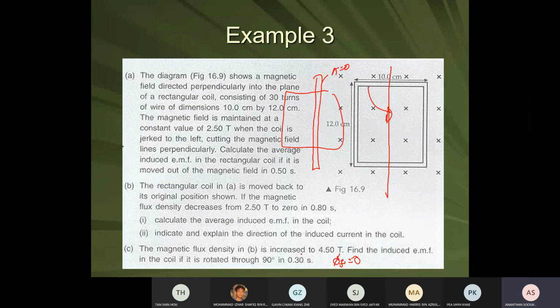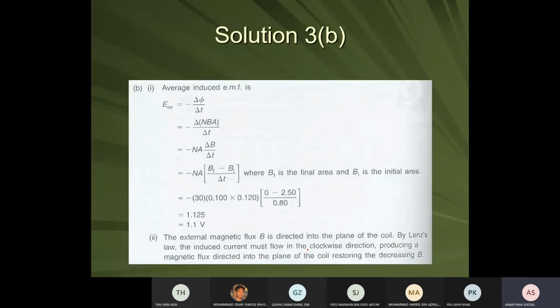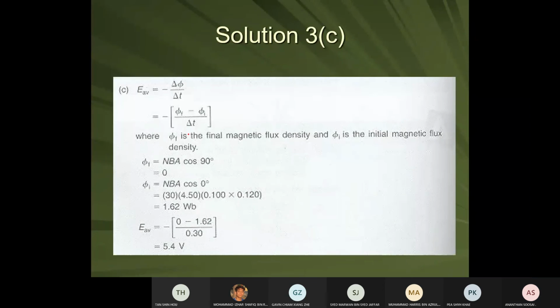Okay, so 0.3 seconds. As usual, final flux minus initial flux. Final flux is 0. Initial flux is BA cos 0 degrees, or you just don't need to put cos 0, BA only, because it's perpendicular. That gives 1.62. So the change in flux over the time gives your EMF, 5.4.